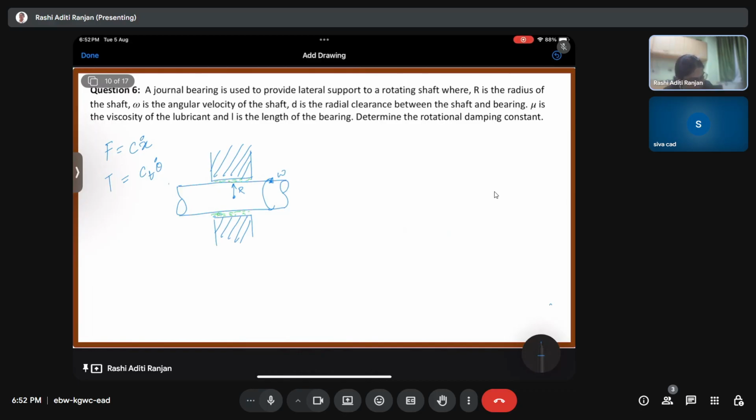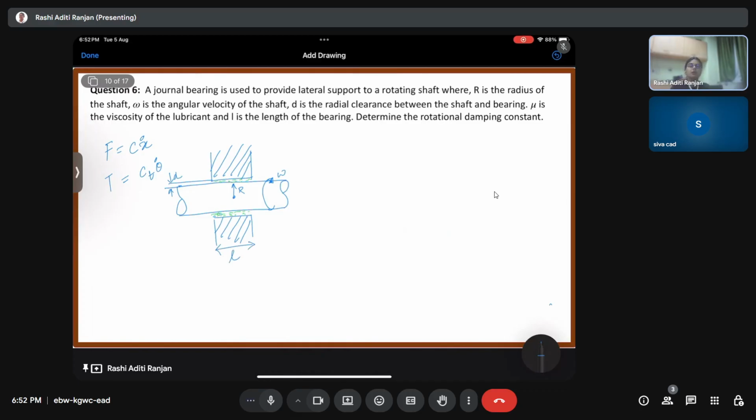So this is what we have as D. Mu is the viscosity of the lubricant and L is the length of the bearing. This is L. What do we have to do? We have to find Ct.